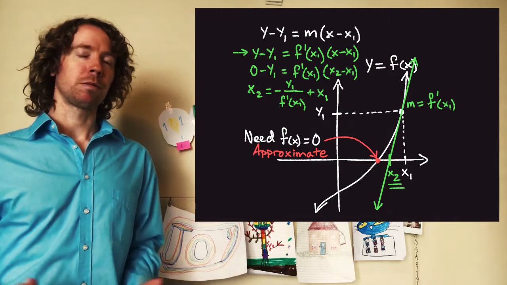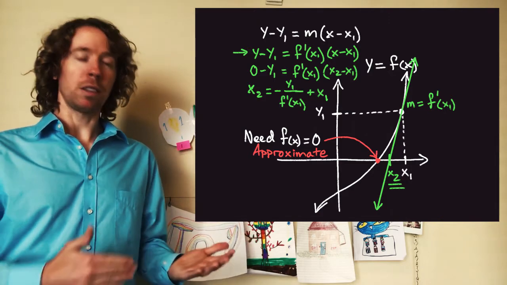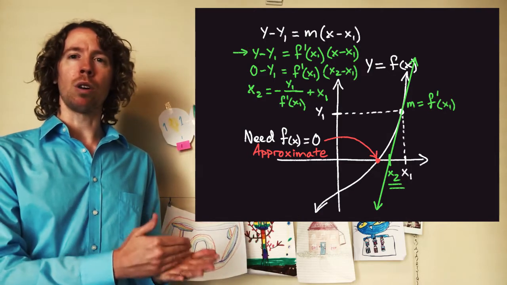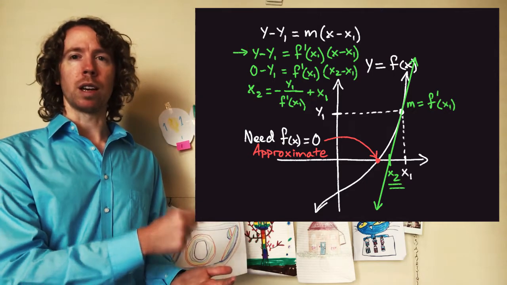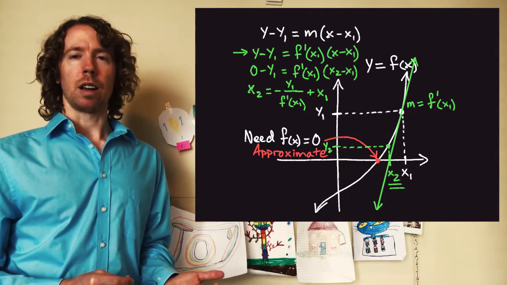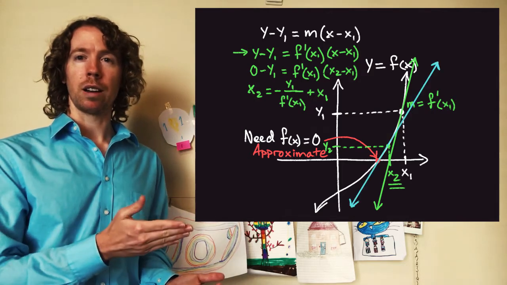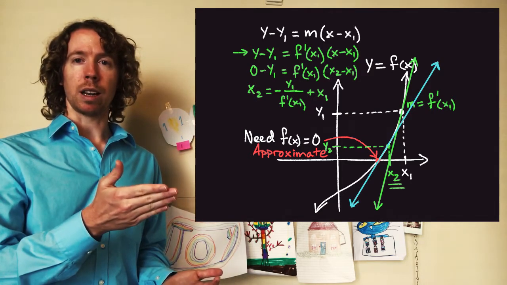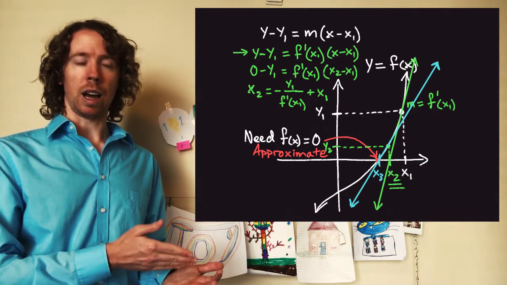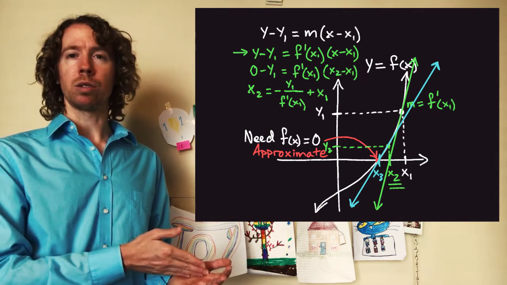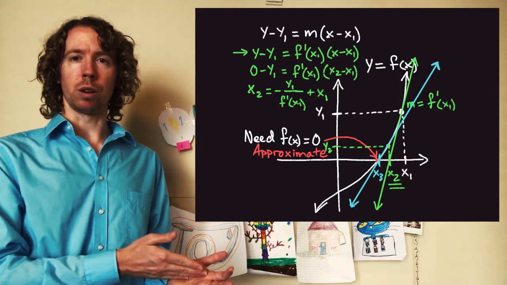How much closer, we don't really know, but the cool thing is that we can keep doing this over and over and over. So now if we look at x2, calculate y2, that gives us a point on the graph. And then we can look at the tangent line there, and that tangent line will take us toward the x-axis, and it will hit the x-axis at another point that's even closer to the actual solution to the equation.